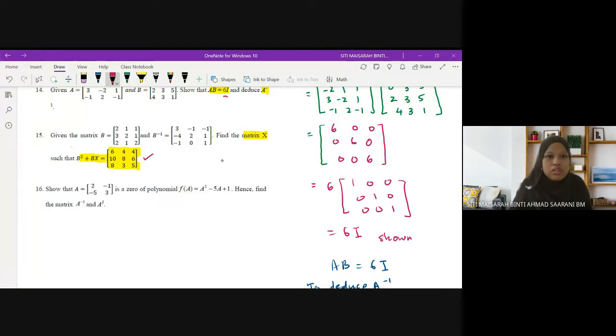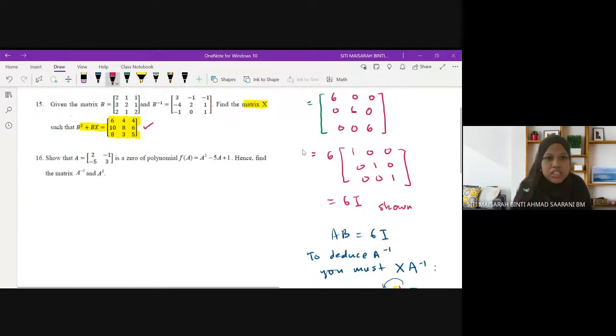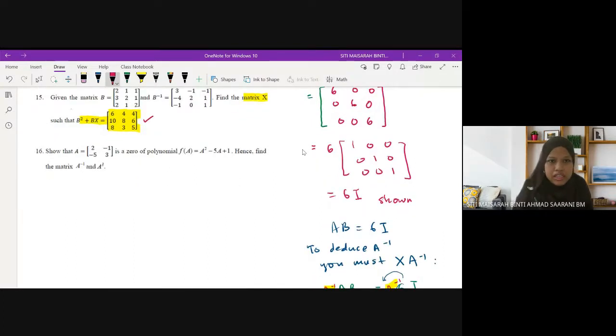We have to use B square plus BX equals 6, 4, 4, 10, 8, 6, 8, 3, 5. So starting with B square plus BX equals this matrix 6, 4, 4, 10, 8, 6, 8, 3, 5.